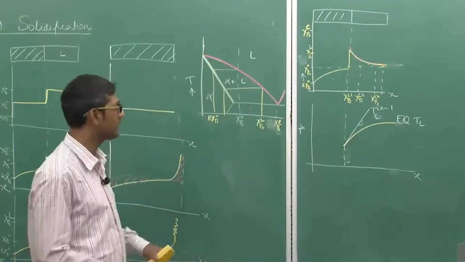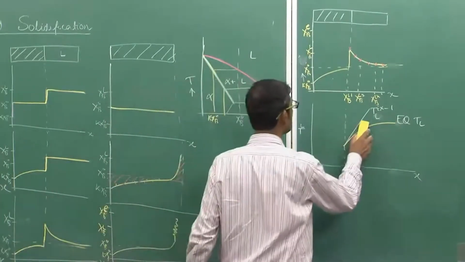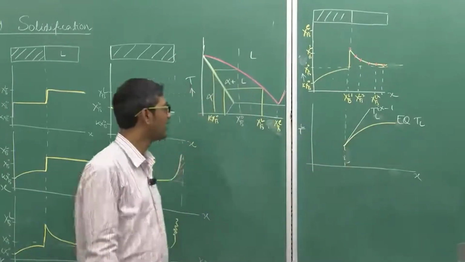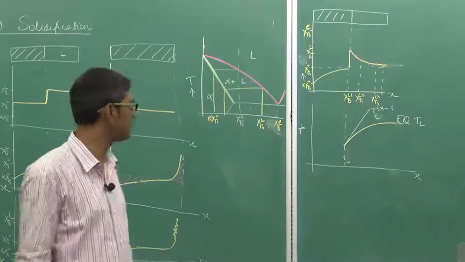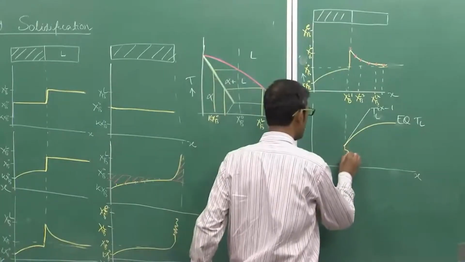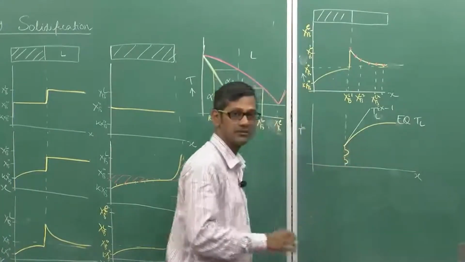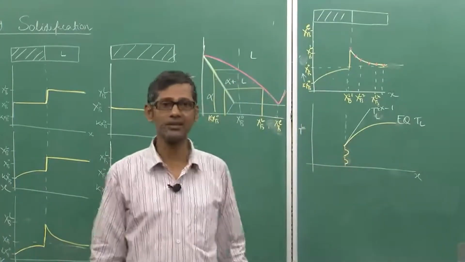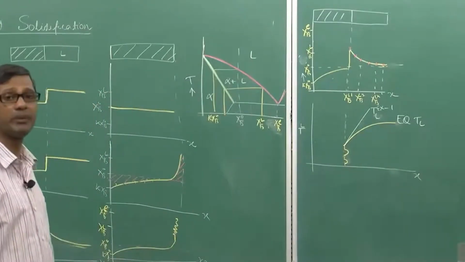Now, in such a situation, the actual temperature gradient is higher than the equilibrium temperature gradient. So, if any protrusion forms, it will melt, because the actual temperature is higher than the equilibrium temperature.